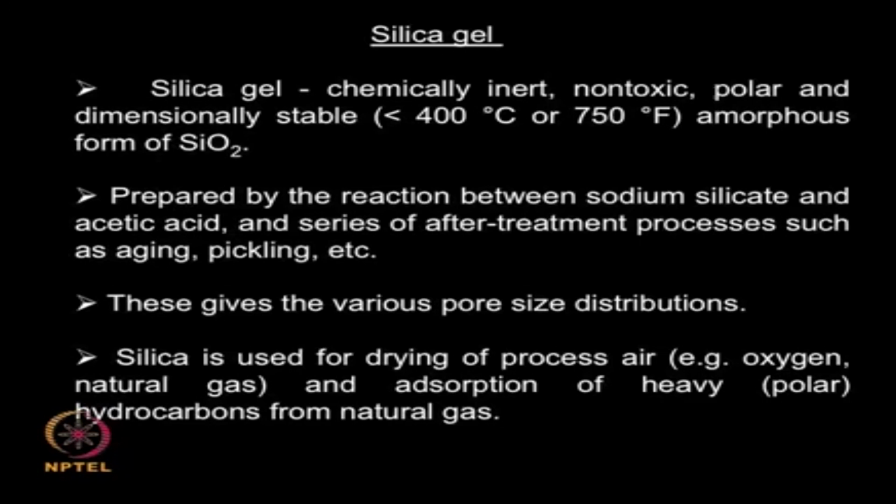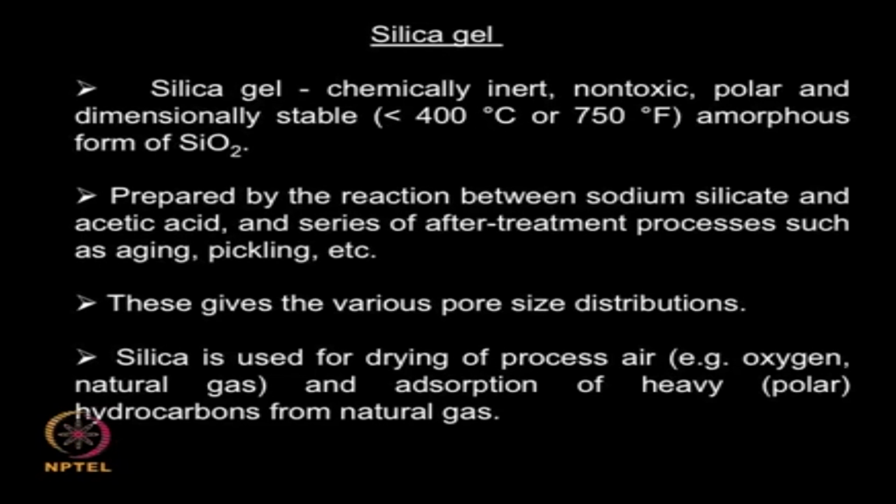If you look at silica gel, it is widely used because it is inert, it is non-toxic, it is polar, and it is very stable, you can go right up to 400 degrees centigrade. It is nothing but some sort of amorphous form of silicate, SiO2. So how do you prepare it? You react sodium silicate and acetic acid.